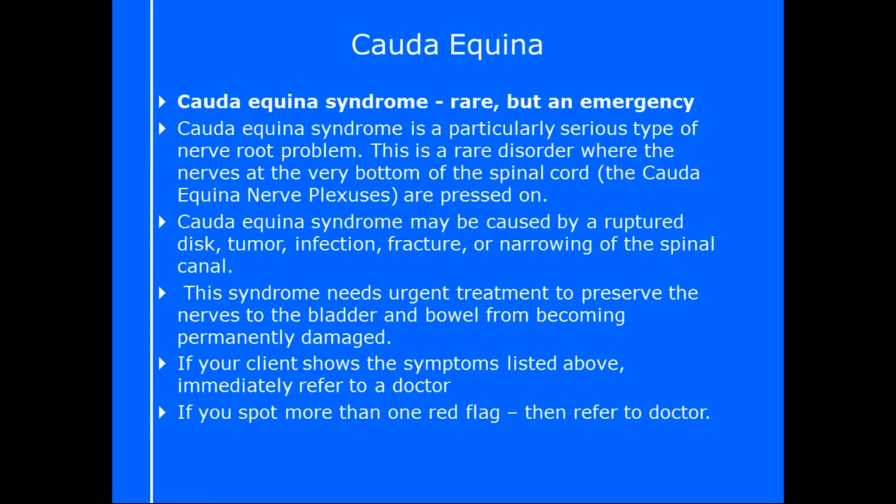Actually, I've had a couple of clients now. One of them came to me after being diagnosed with cauda equina. He was paralysed from the waist down as a result of damage around those spinal nerve endings in the cauda equina syndrome, and he had no control over bladder or bowel.